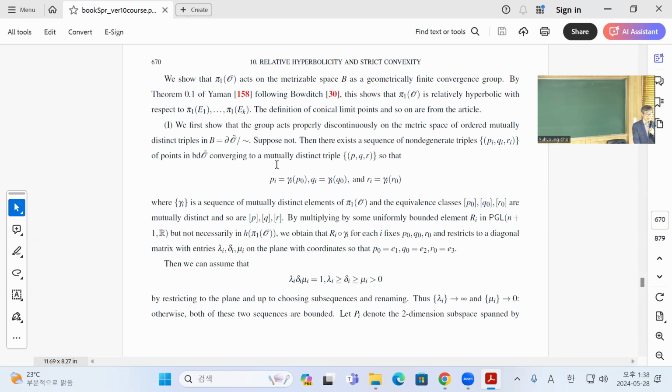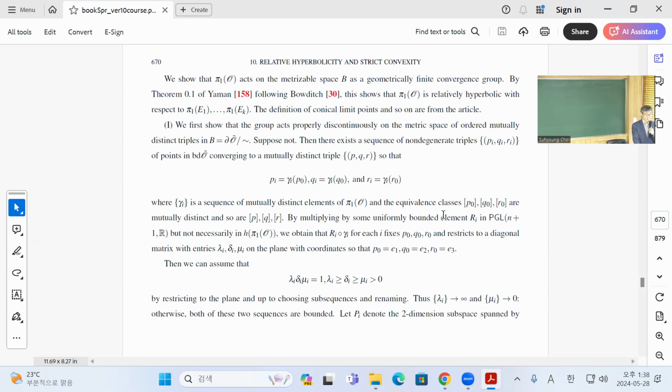So this is a metric space, okay? So if not, then you can take a sequence of non-degenerate triples which converge to this triple, so that these pi are the image of some gamma i, which are mutually disjoint sequences.